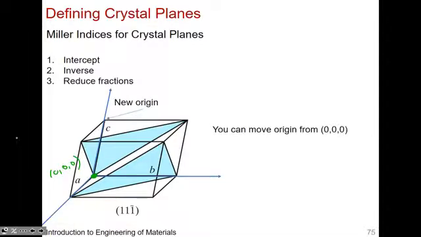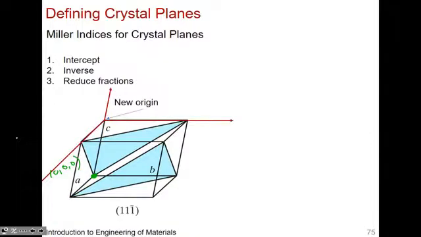What we can do is move your origin and translate the origin so it's an easier system for you to work with. And so let's say you move your origin to, say, here now of your unit cell, then you could say, well, where does it intercept a, b, and c?